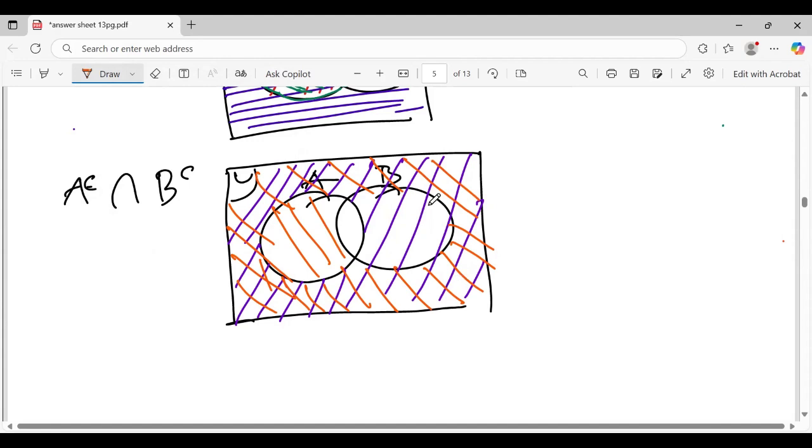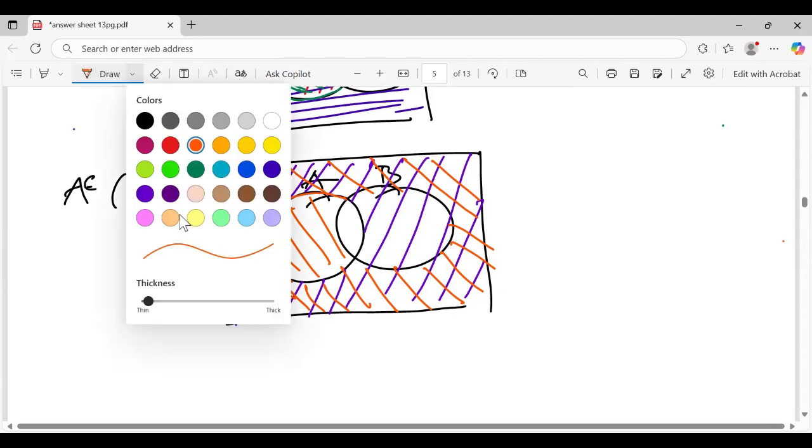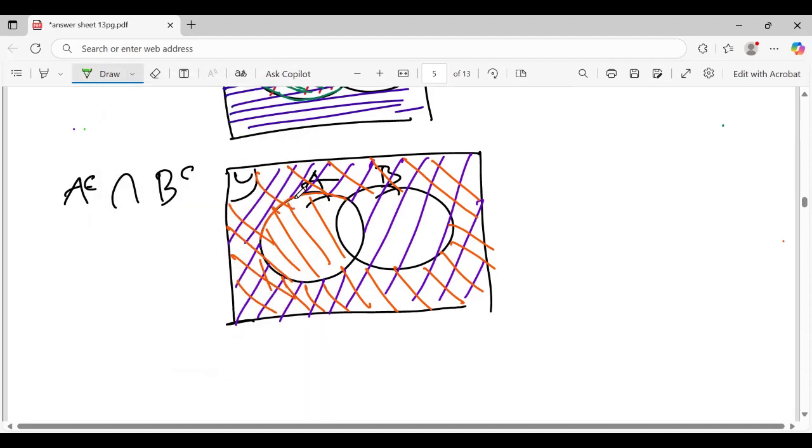So which area has the double shading? This area. If you pay attention, this area. Okay, I'm going to use a different color. This color. This area, okay, this is the double shading area.